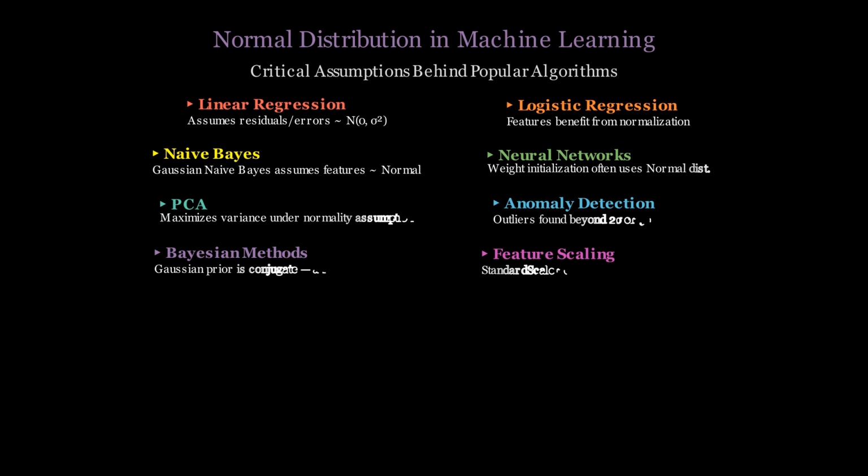Anomaly detection systems flag points beyond 2 or 3 standard deviations as outliers. Bayesian methods love Gaussian priors because they are mathematically conjugate. The posterior stays Gaussian, making updates analytically tractable. And StandardScaler in scikit-learn literally converts features to z-scores, centering them to mean 0 and unit variance.